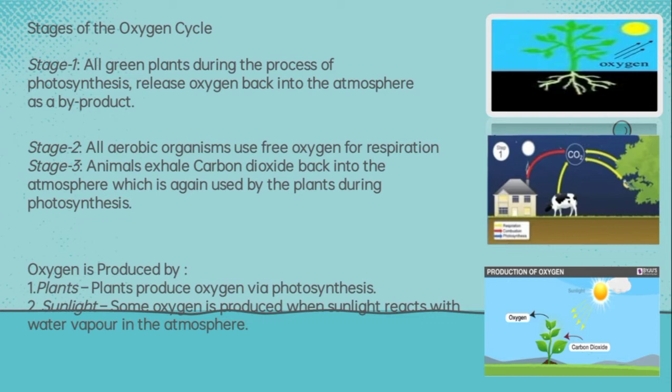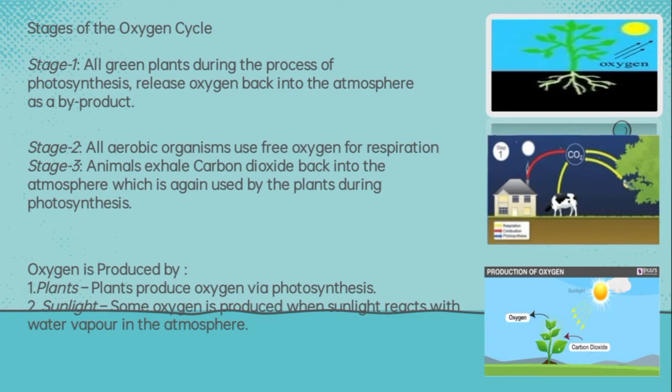Photosynthesis is a biological process by which all green plants synthesize their food in the presence of sunlight. During photosynthesis, plants use sunlight, water, and carbon dioxide to create energy, and oxygen gas is liberated as a byproduct of this process.